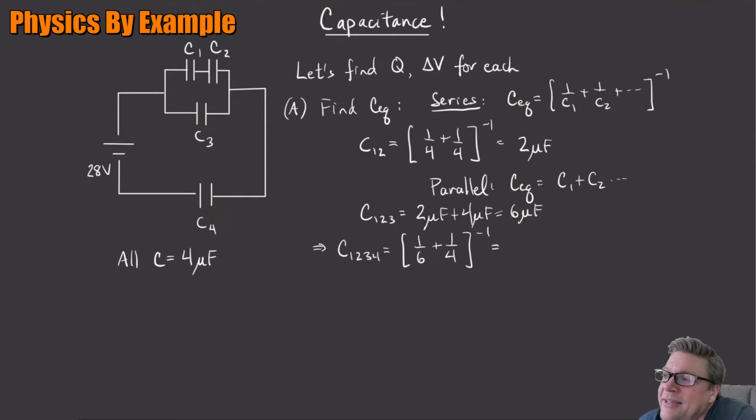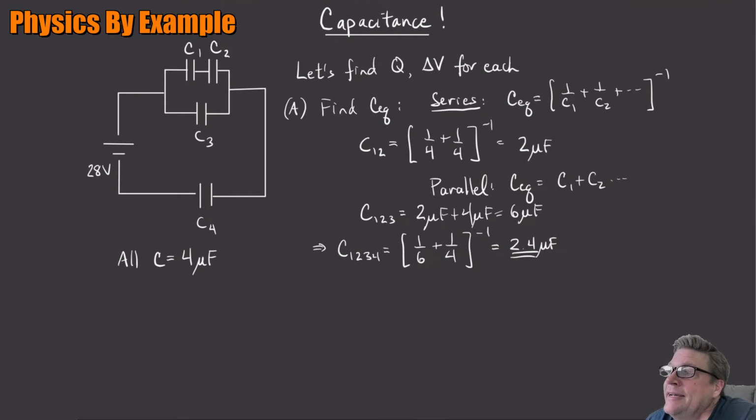What is that? Well, 1/6 is 2/12. A quarter is 3/12. So that would be 5/12. And then you flip it, 12/5. So that's like 2 and 2/5, so that's like 2.4. Okay. So the equivalent capacitance of that whole network, that whole circuit, is 2.4 microfarads. That's what the battery sees.